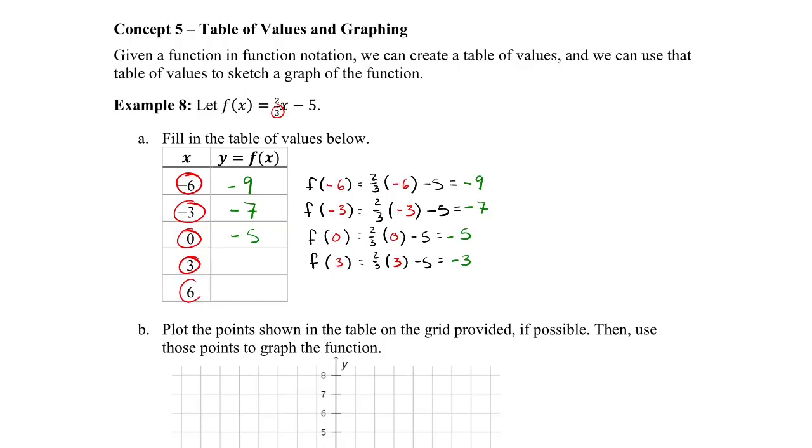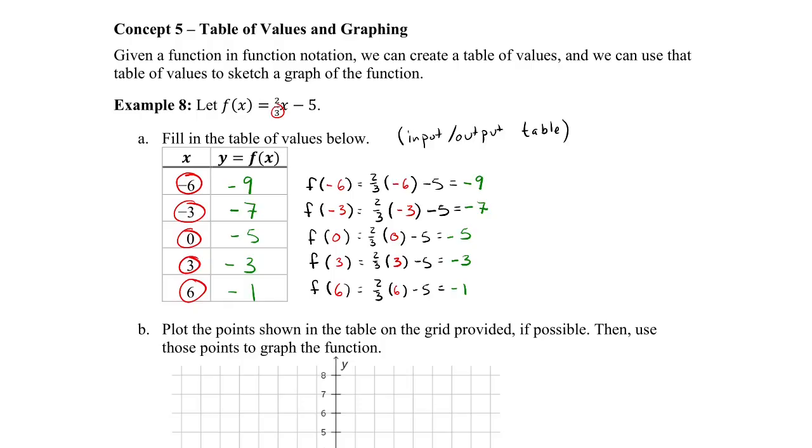And finally, when x is 6, we'll take f of 6, which is 2/3 times 6 minus 5, which works out to -1. Input 6 gives output -1. I forgot to copy input 3 gives output -3. So this is a table of values, or an input-output table.